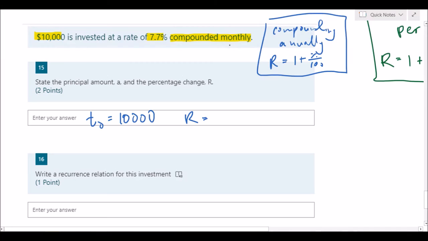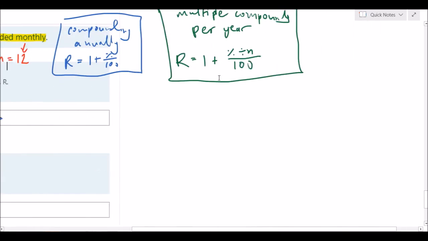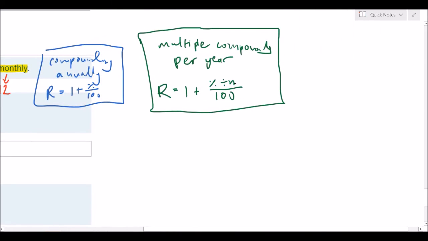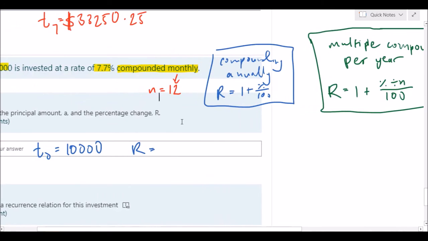All right, so firstly, let's understand, what does monthly mean? Monthly means that it's once a month. But basically every month of the year. So it's going to be 12 times per year. That's going to be my N. Number of compounds per year is 12. So now we're going to use the formula, because it's multiple compounds per year, to figure out what the common ratio is.